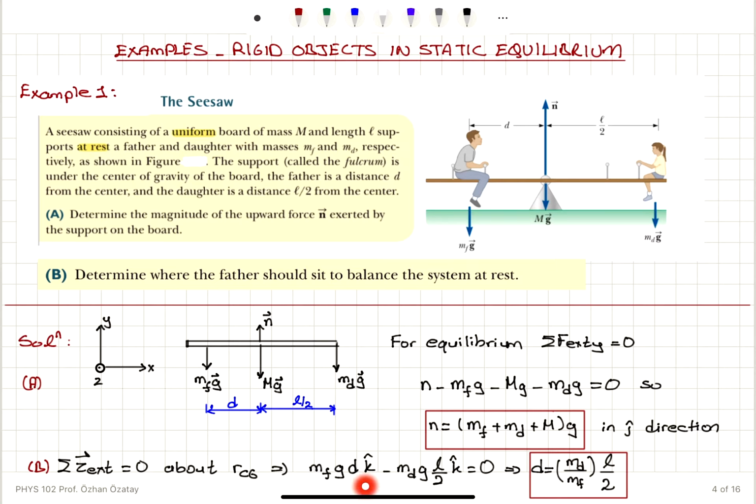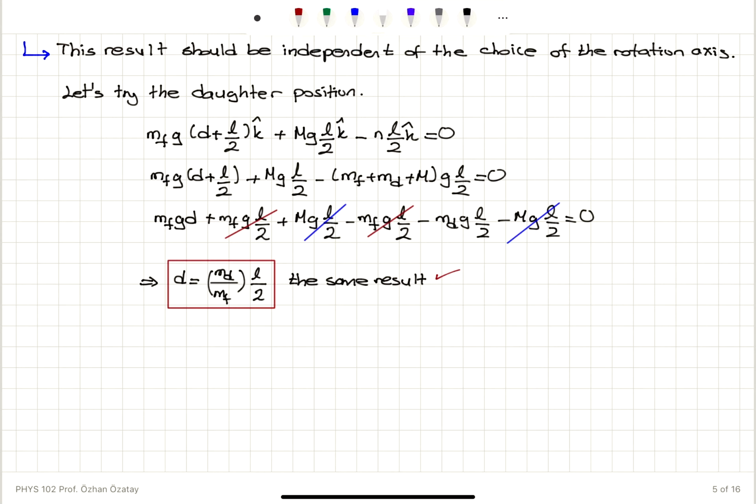So that's what I have done. And I have seen that the torque due to the father and torque due to the daughter are in opposing directions, and that gives me d. Then I have double checked my answer by taking the torque with respect to the daughter location, where the daughter's weight is applied, and therefore it has no contribution on the torque, but these three forces have a contribution.